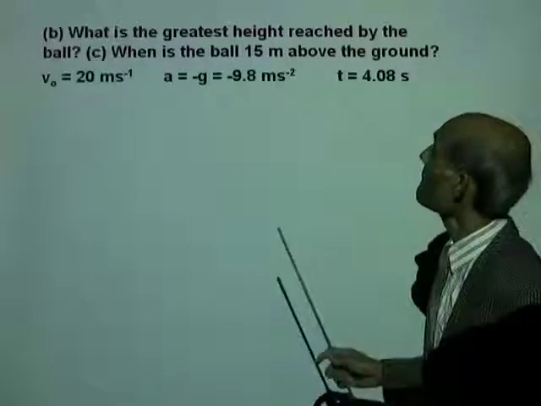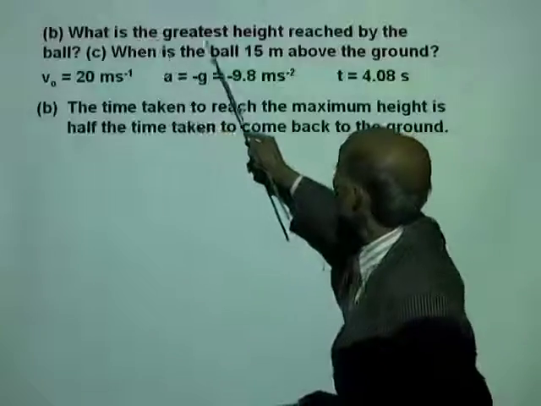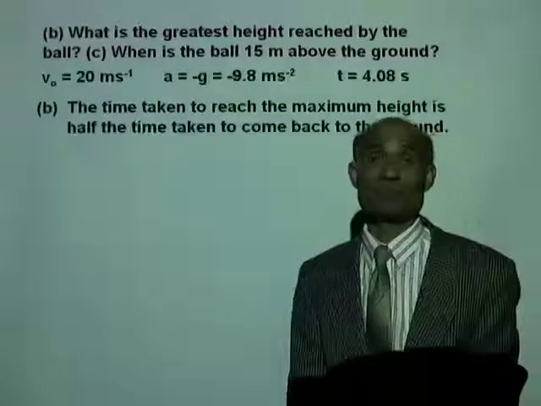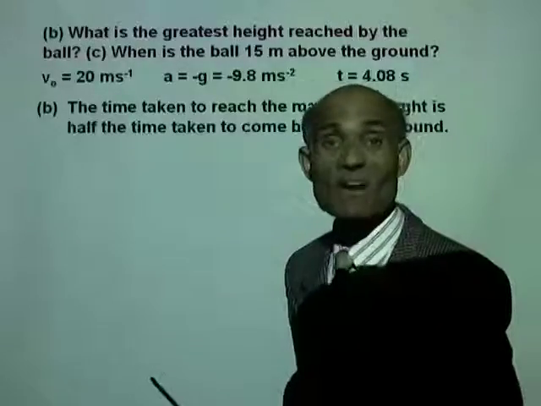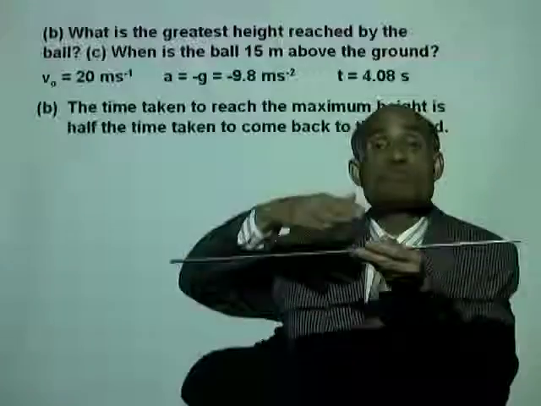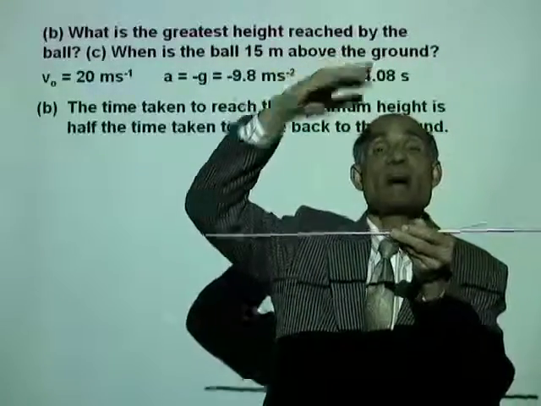All right. Let's do B now. B, what is the greatest height reached by the ball? Well, in order to find the greatest height reached by the ball, we need to know the time taken to reach the maximum height.